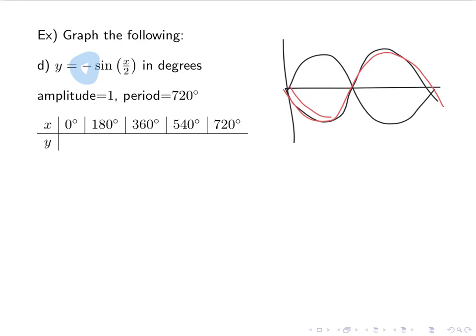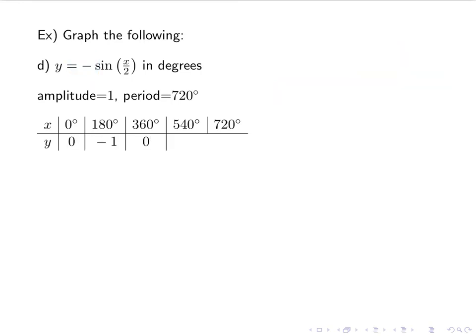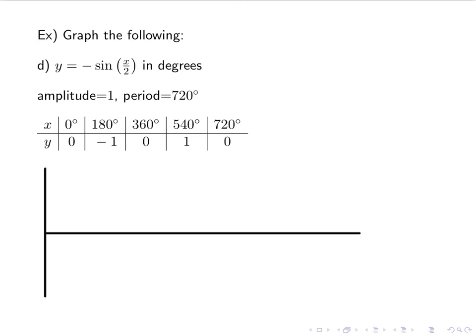So we're still starting at 0, but then we're going down instead of going up. So we're going to have 0, then our minimum, then 0, our maximum, and then 0. And again, our minimum being -1, our maximum being 1. Right, so we get 0, -1, 0, 1, 0.